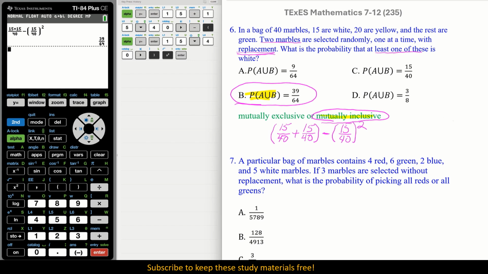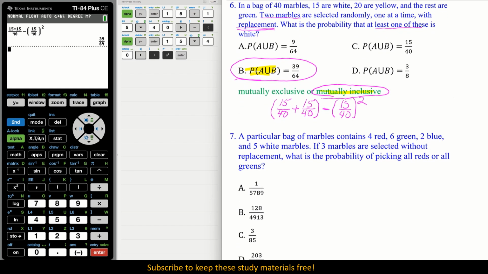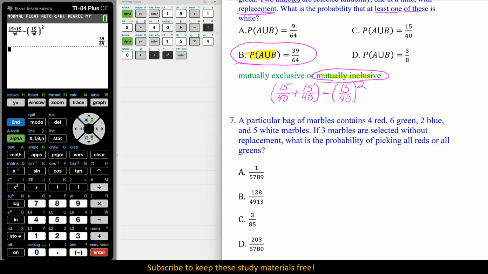All right, let's look at number 7. Okay, let's go all the way down. A particular bag of marbles contains 4 red, 6 green, 2 blue, and 5 white marbles. If 3 marbles are selected without replacement, now it's different from above, without replacement, what is the probability of picking all red or all green?